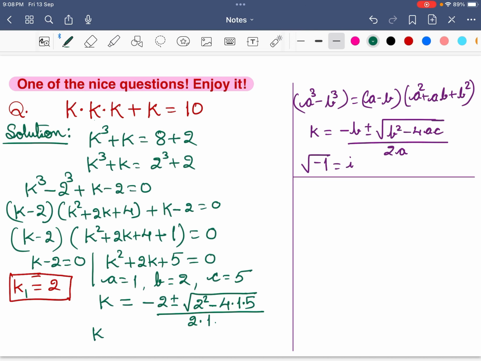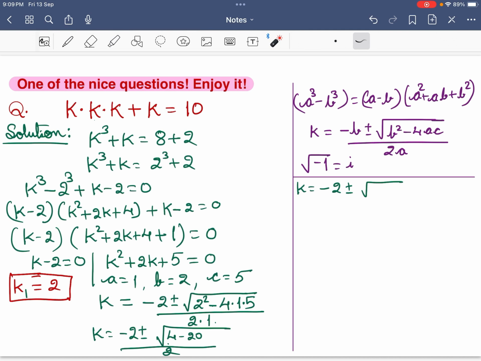So k is equal to minus 2 plus minus square root of 4 minus 20 whole upon 2. In the square root we have plus 4 minus 20, that is minus 16, upon 2.